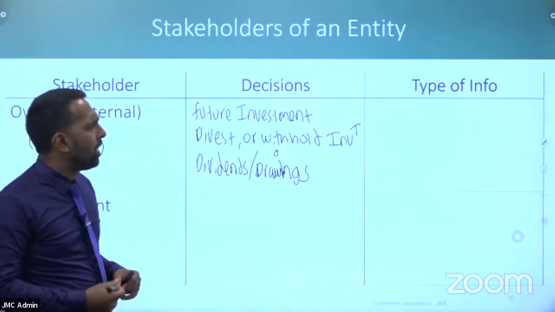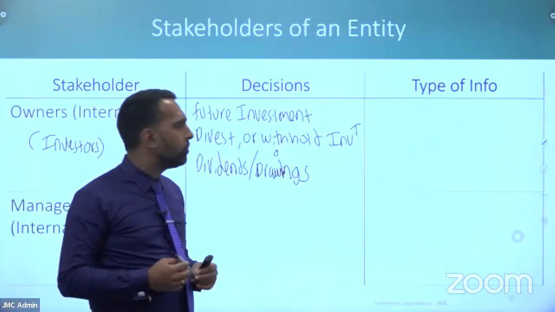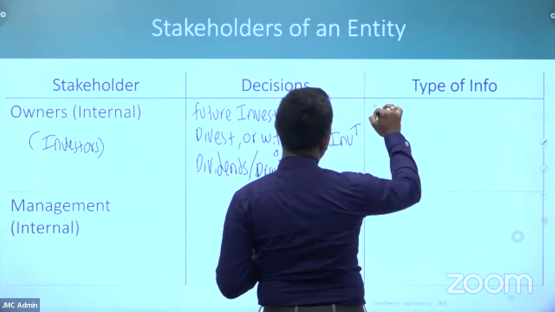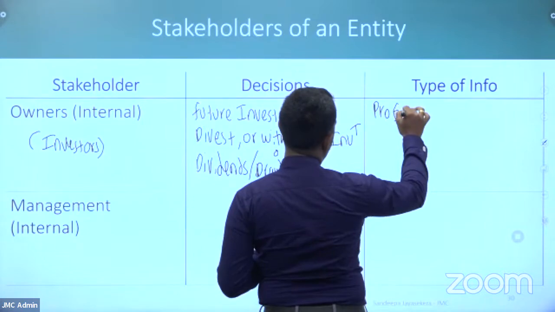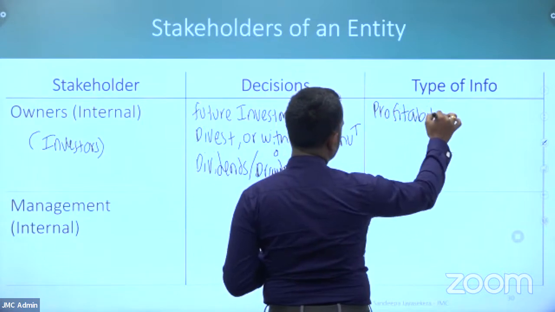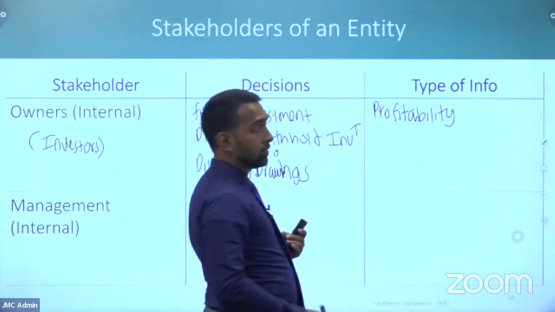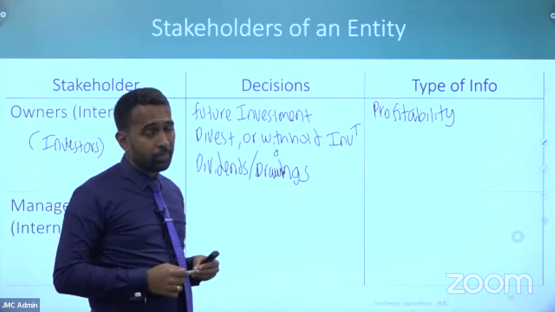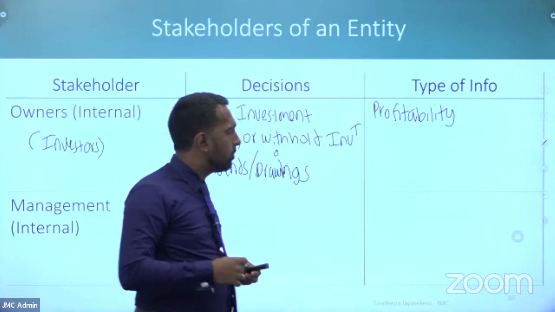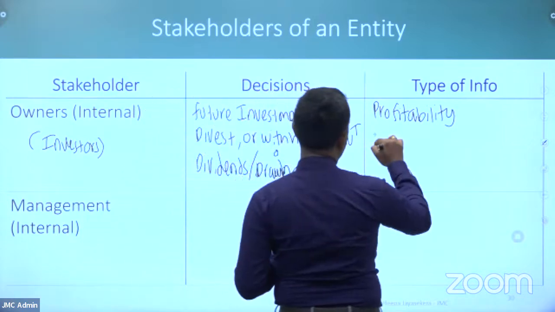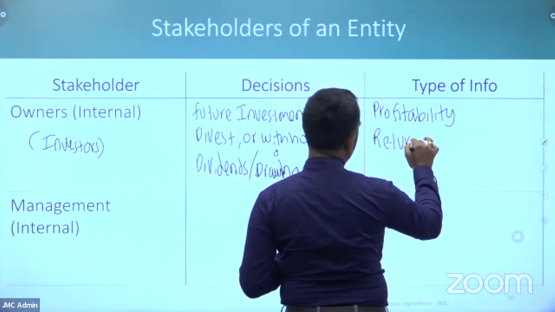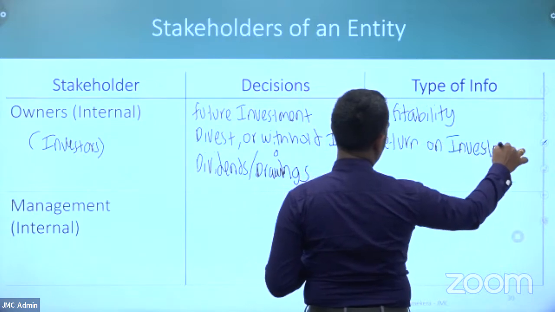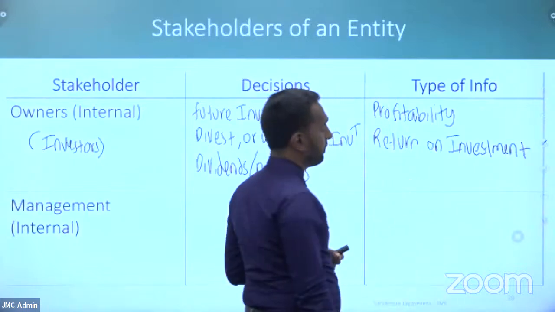Owners. And what type of information may they need, right? The owners may need information about the profitability of the business. And they may need information about the return on investment, the return for their investment. What is the return?